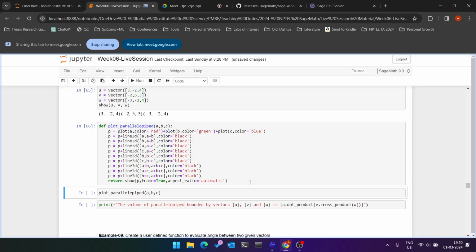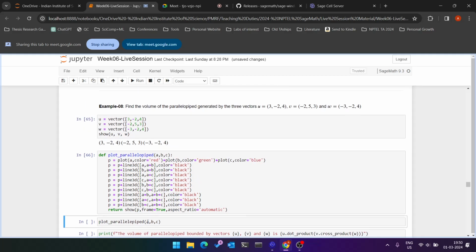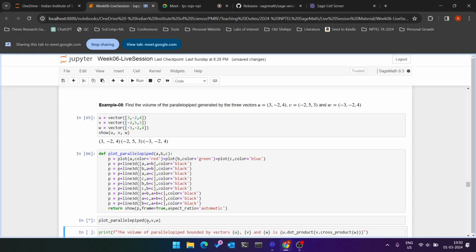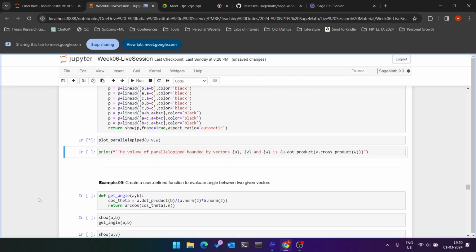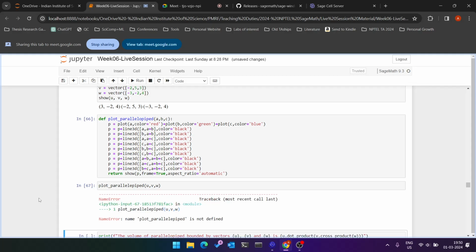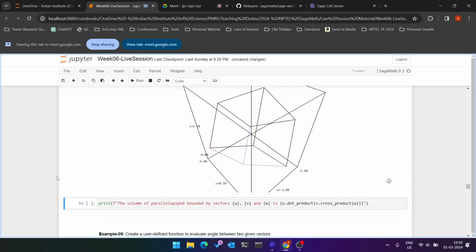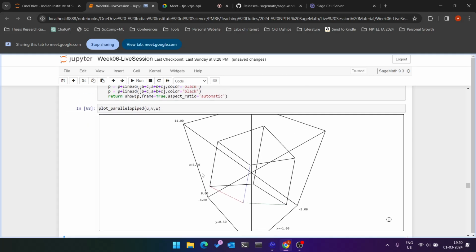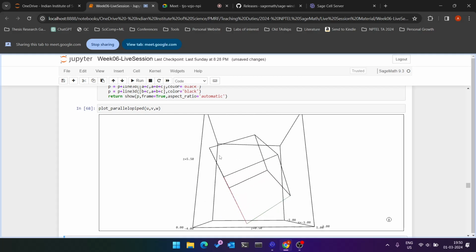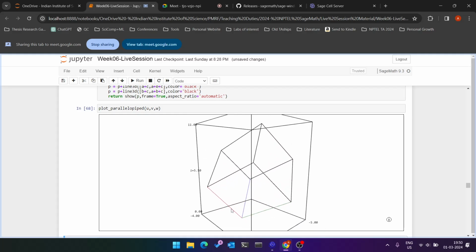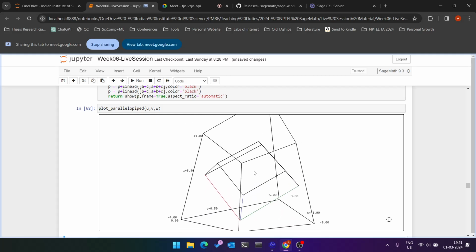If I run this for our function, what do I get? I get a big looking cube like this. So this is my U, V is green, and W is blue. And then this is how the parallelepiped ends up looking.